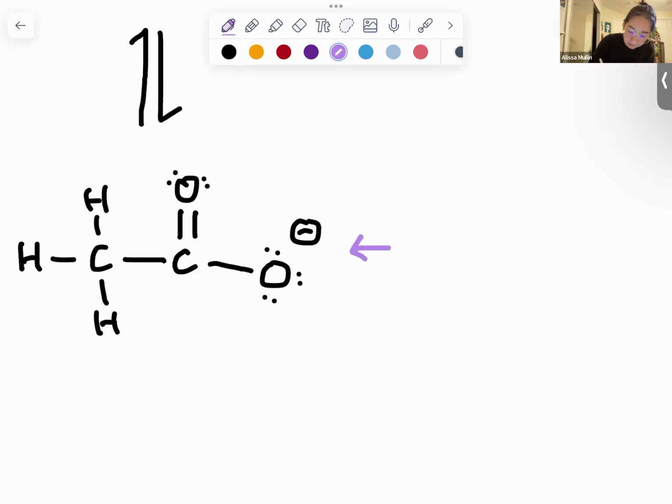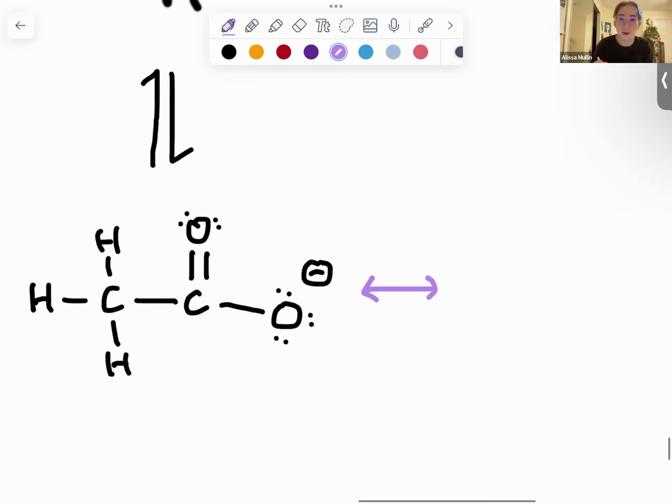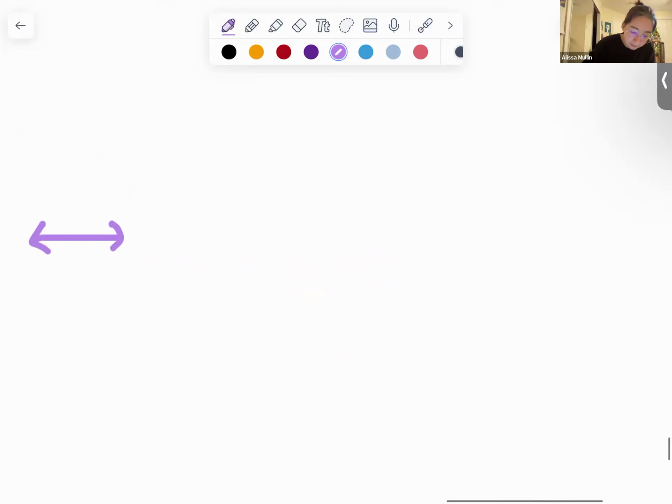This is in resonance. Also notice how my resonance arrows and my equilibrium arrows are distinct. I know both are back and forth, but this should look different. This is in resonance with a different form of this acid.